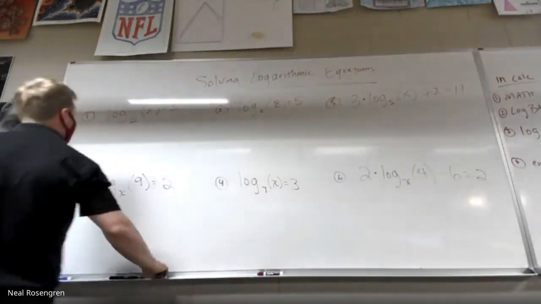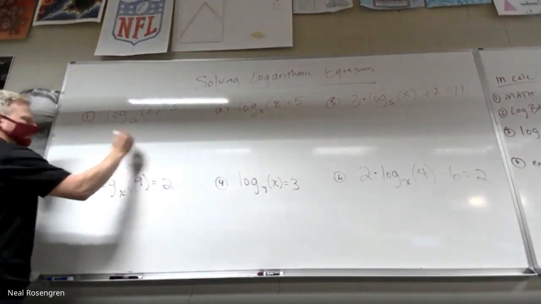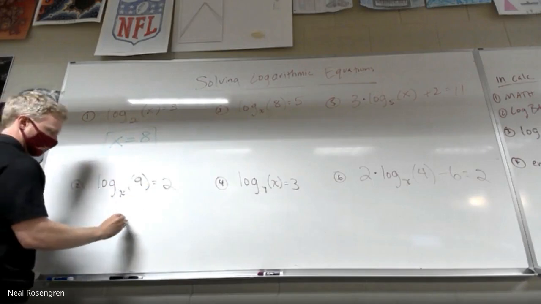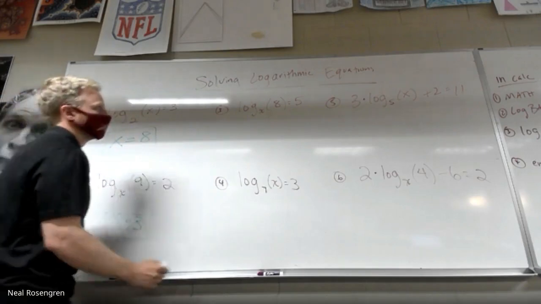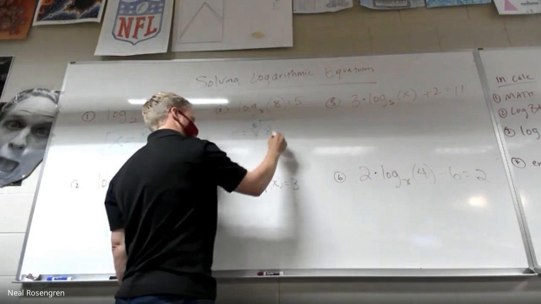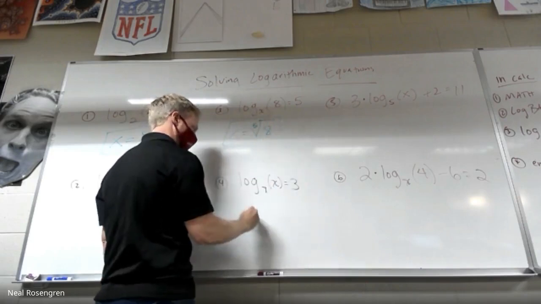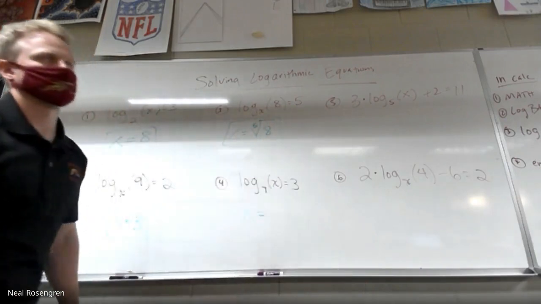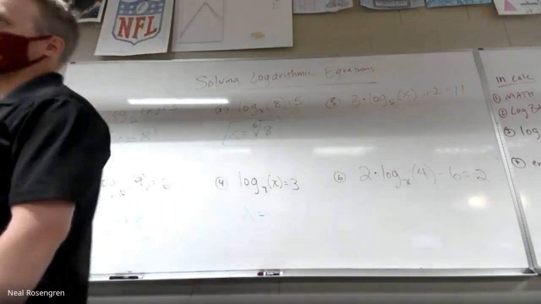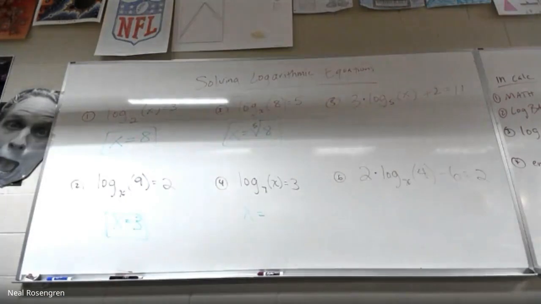Answers to the first couple. The number to go with is 7 to the 3rd.